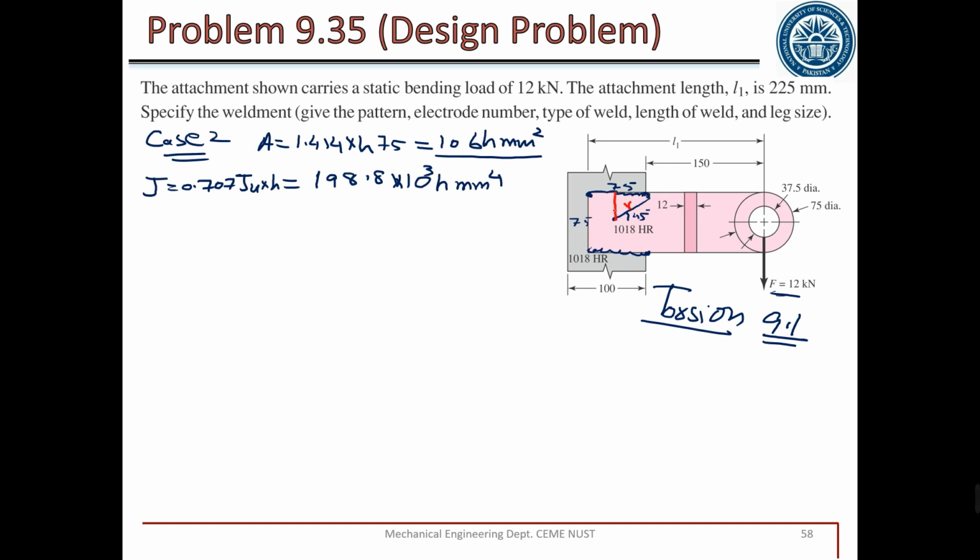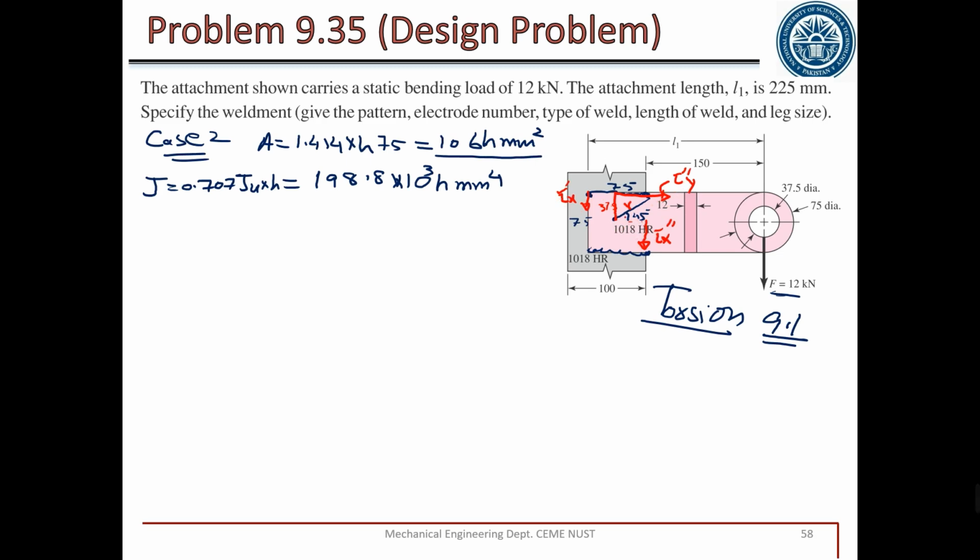For example, if you take this value, we know that this is 37.5, and due to this force, secondary shear is tau double prime y, and similarly for this moment arm, this is tau double prime, let's say it is x. Similarly, the primary shear is tau prime x. It is distributed, so it is very easy to just get the value of tau double prime x and tau double prime y.